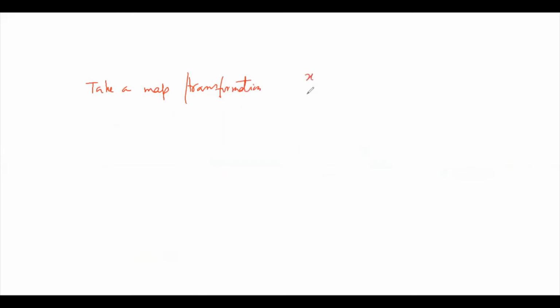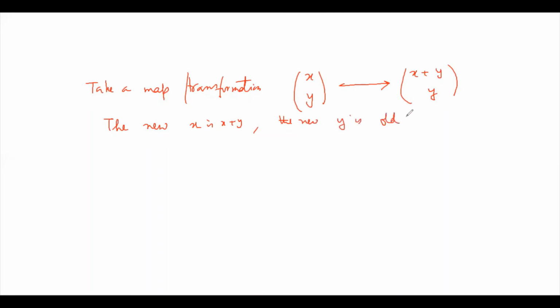Let's take the same example. (x, y) goes to, this arrow means we are taking (x, y) and getting a new vector, (x plus y, y). Now notice that the new x is x plus y, the new y is the old y.